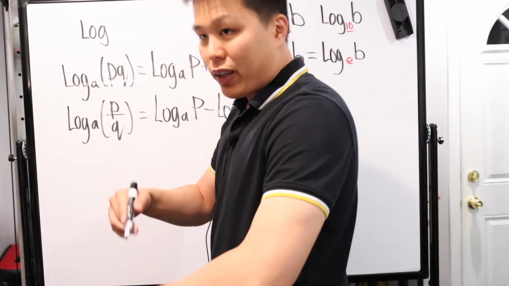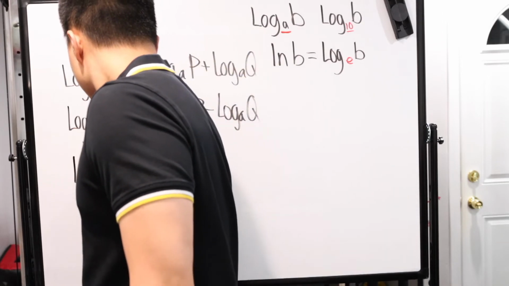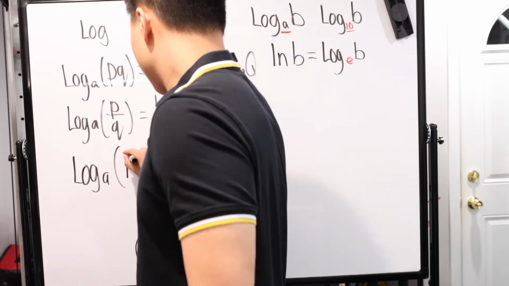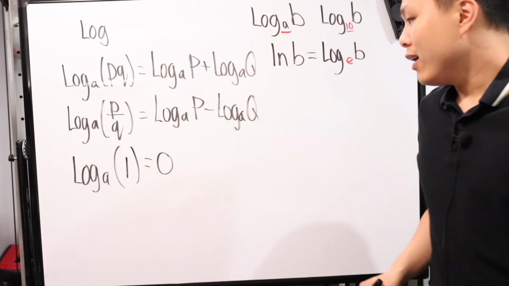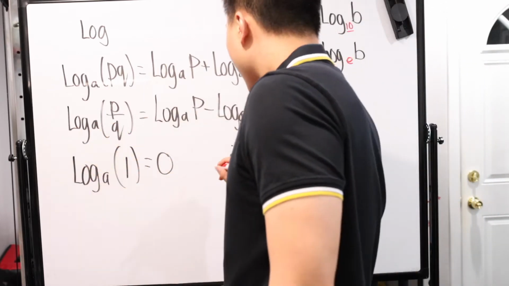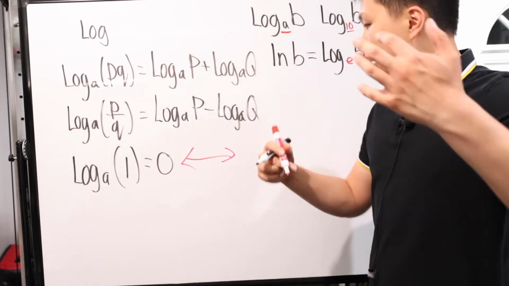Plain and simple. I could sort of guess that, right? Well, let's look at another one that maybe doesn't seem all that obvious. Log base A of 1 equals 0. Now, what the heck is that? How the heck would I know that? Right? Remember, in the previous section, before I erased everything, I showed you guys how to basically interchange exponents and logarithms.